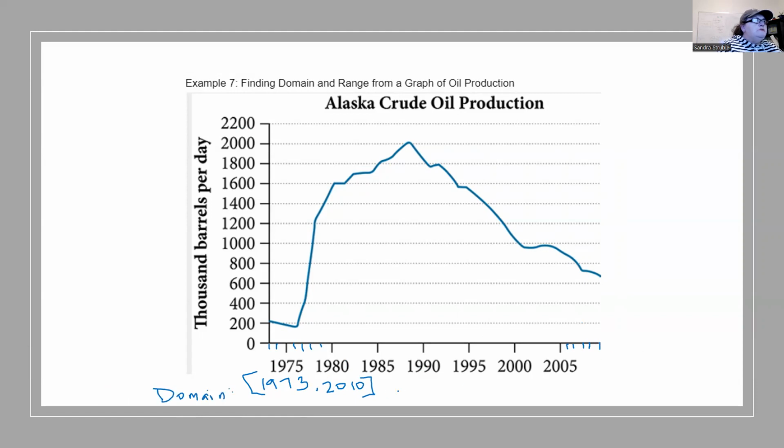My range, I have to look along the 1,000 barrels per day range. It doesn't matter where it starts. What matters is how low it goes. So where is this hitting? I think we said about 175 in class. So 170, 175, including.